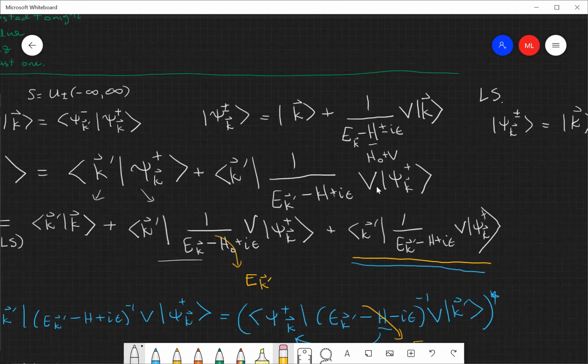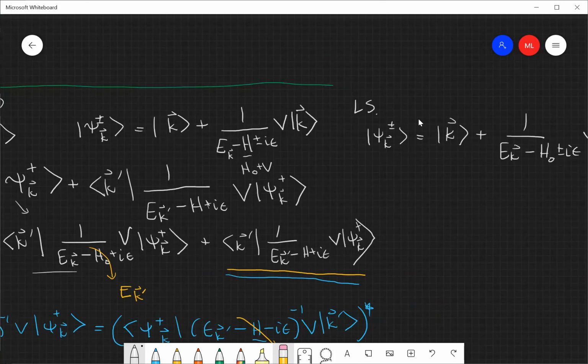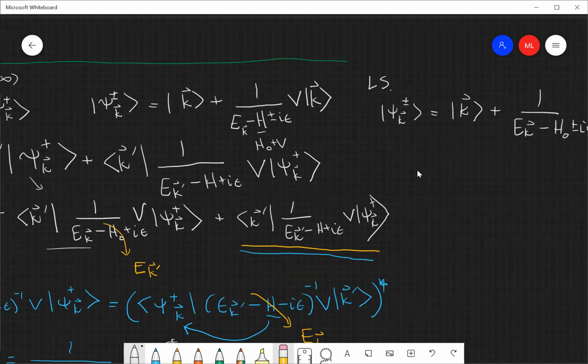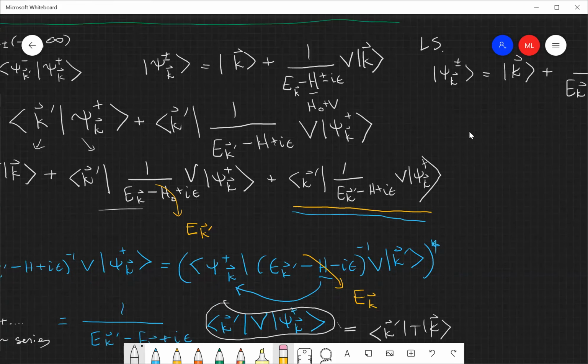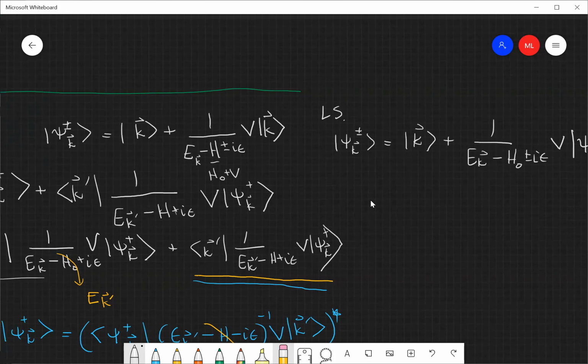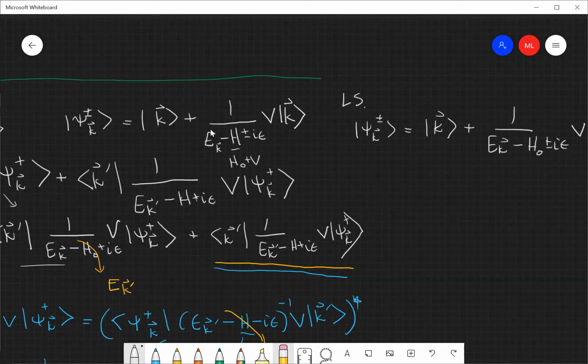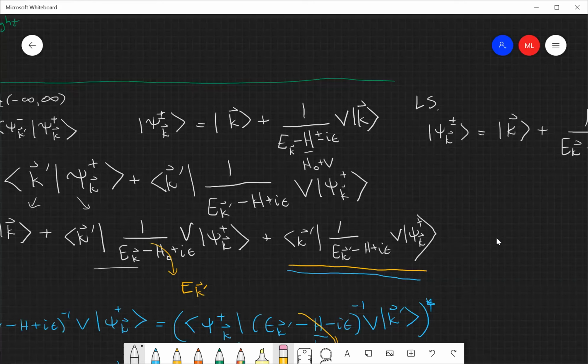We're just always going to assume that you can manipulate these objects without worrying too much about whether or not this inverse exists. We're going to assume it exists, that you can find such an inverse. But it's subtle, and I think there are issues also when things are resonant.